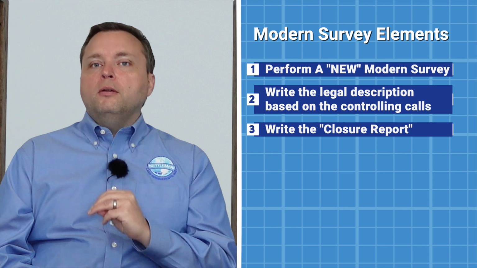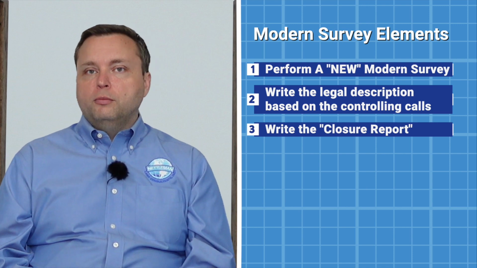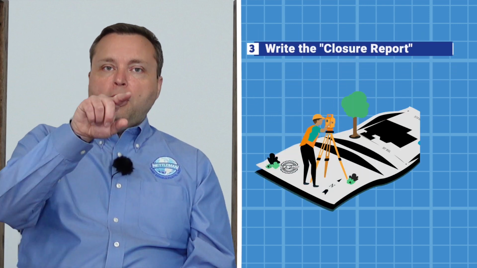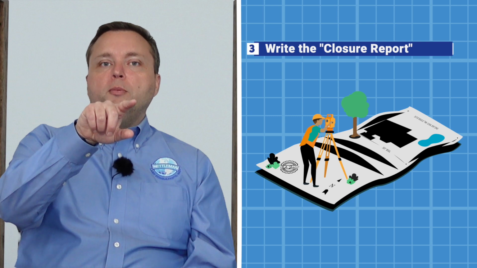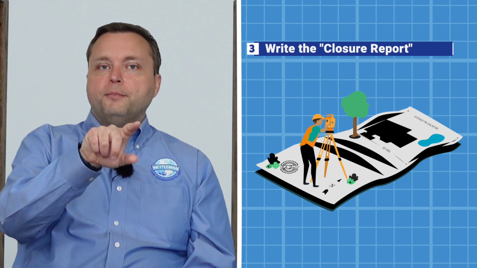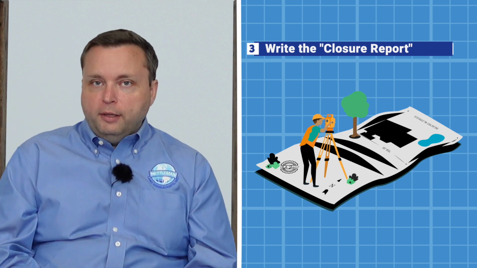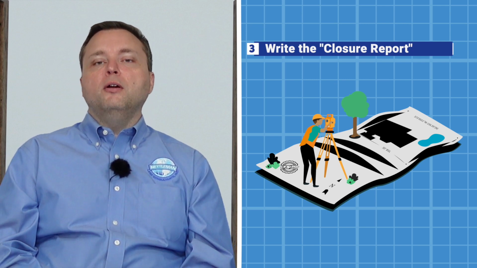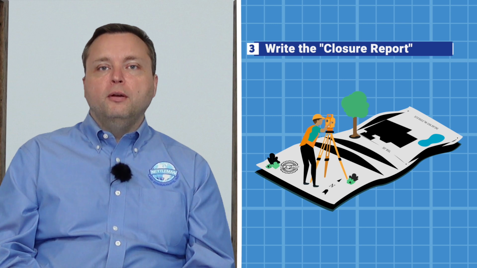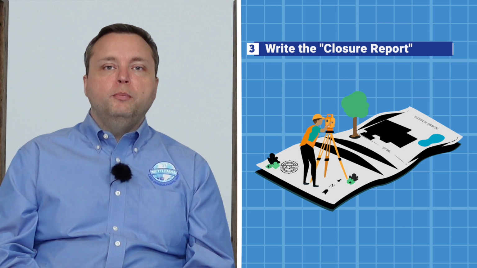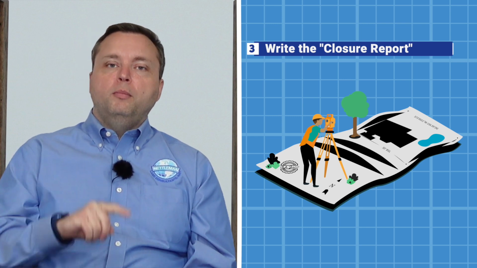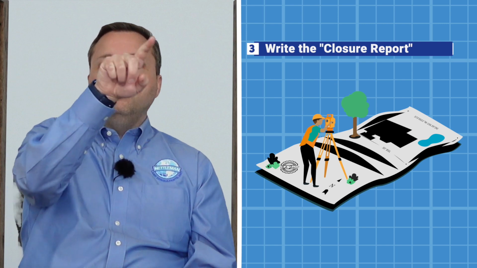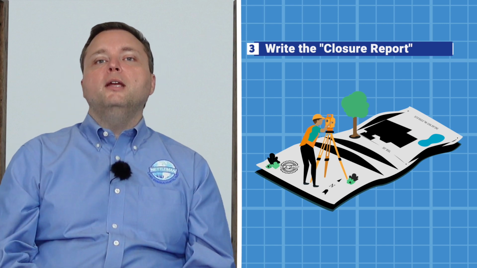And then third, we've got what's called a closure report. Now, if you start off on one corner of the property and go all the way around, mathematically, based on geometry, there should be a 0.000 foot difference between the beginning and the ending point, because you started at the point of beginning and you've gone all the way around right back to the same POB.